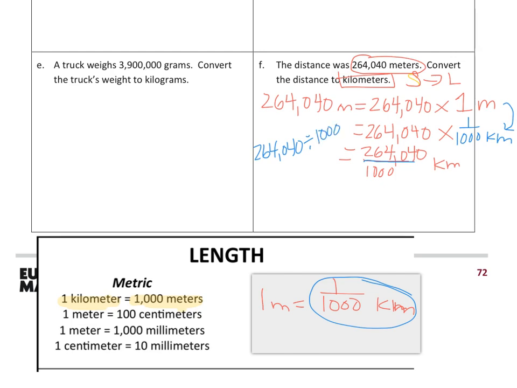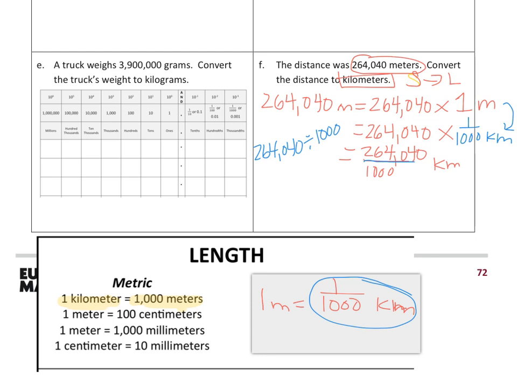So time to pull out that place value chart, and I'm going to put 264,040: 0 hundreds, 4 tens, and 4 ones. Dividing by 1,000, going to the right, and it's going to go 3 times to the right. So that 0 in the ones is going to go 0 to the thousandths. Then all the other numbers are going to follow in front of it. A 4, a 0, a 4, a 6, and a 2.